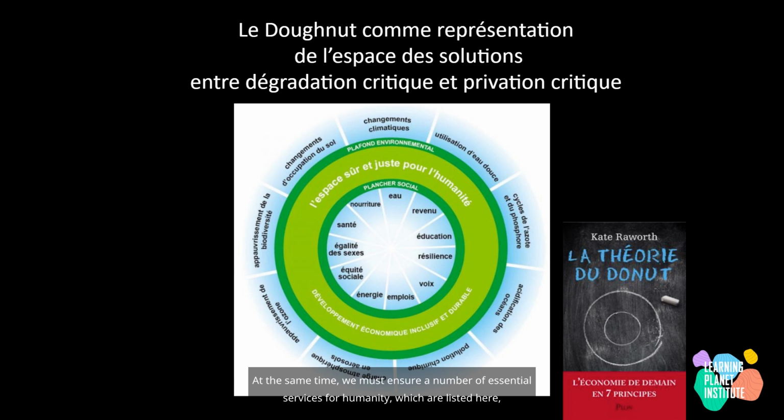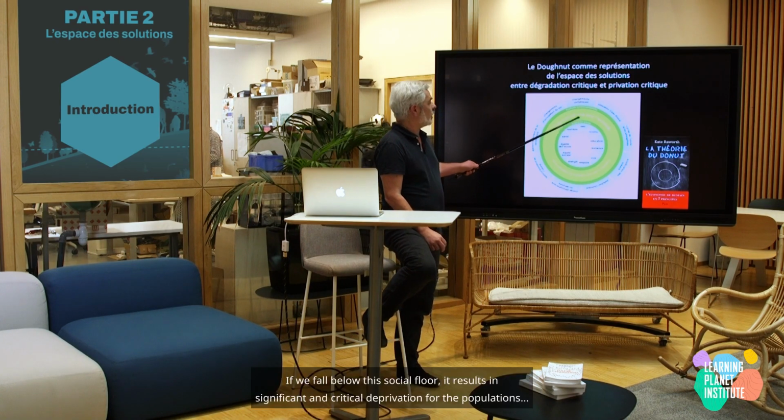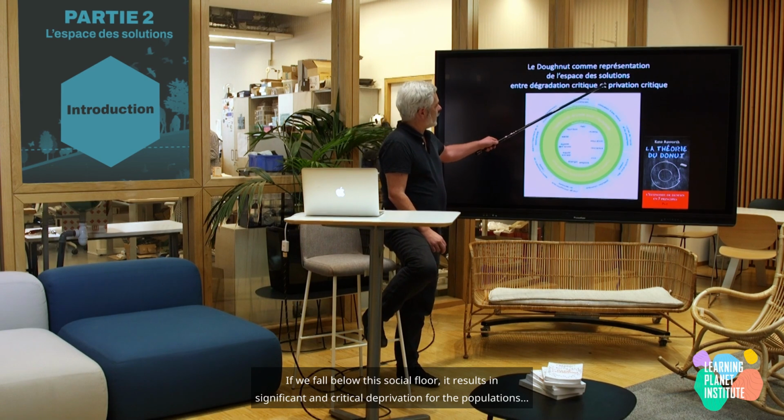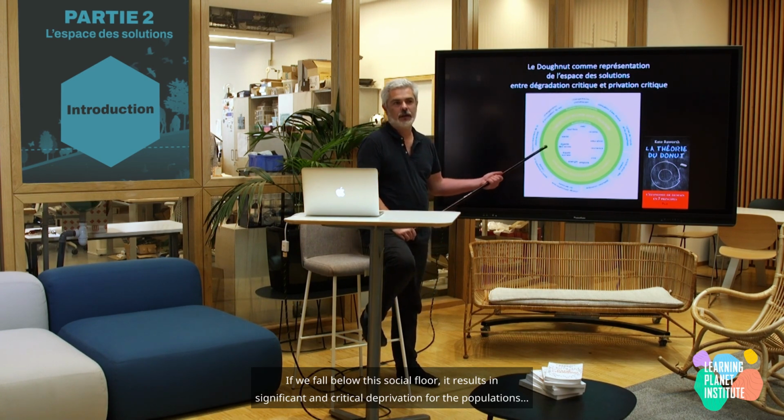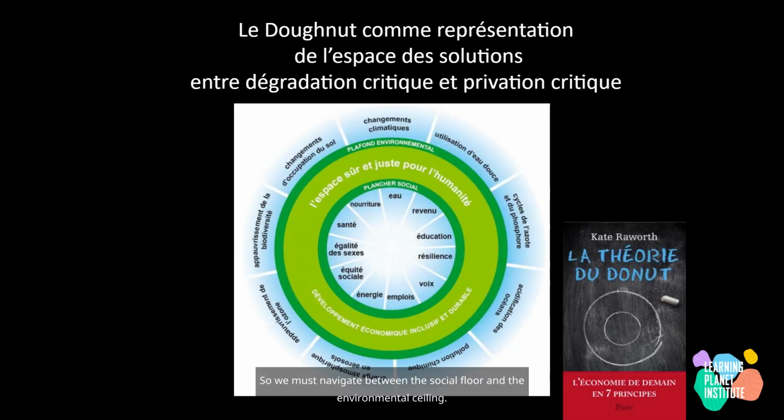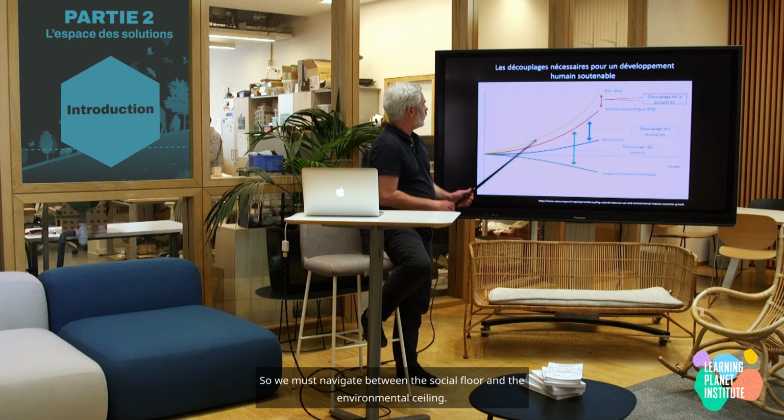At the same time, we must ensure a number of essential services for humanity, which are listed here, representing the social floor. If we fall below this social floor, it results in significant and critical deprivation for the populations. So we must navigate between the social floor and the environmental ceiling.